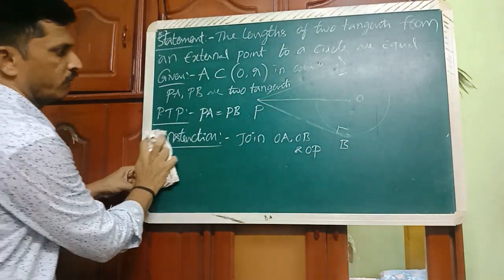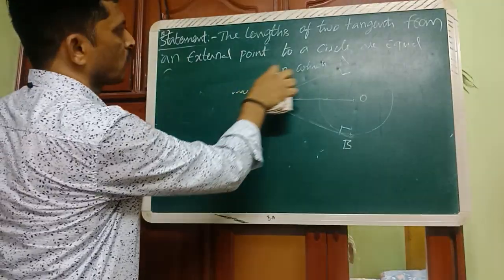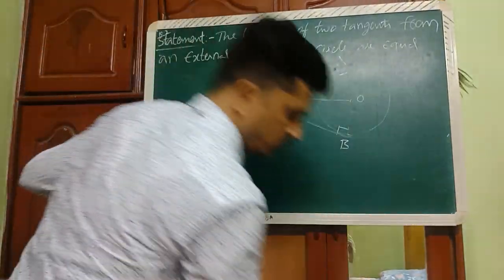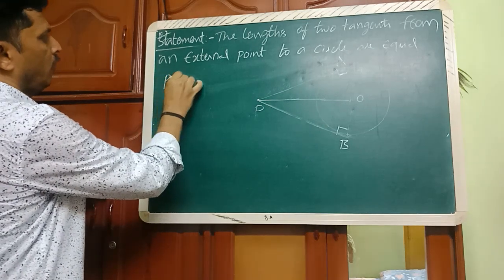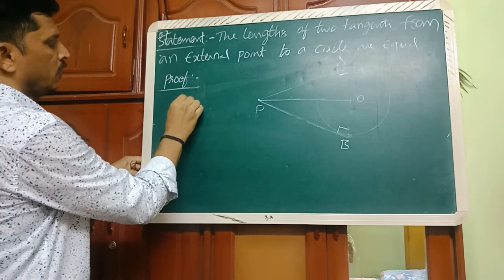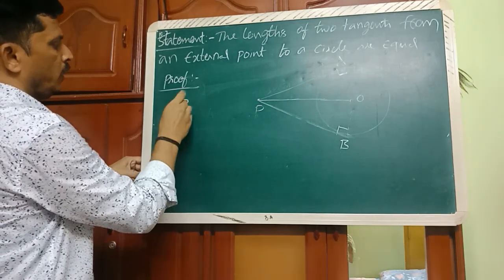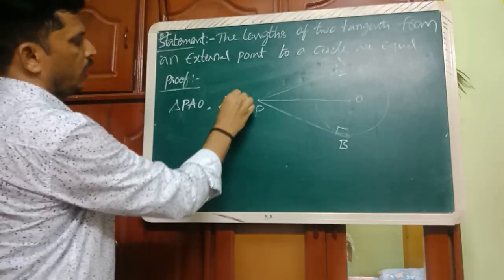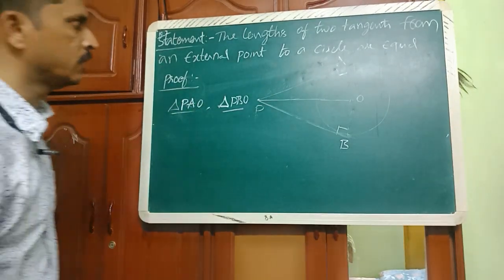So what is the proof? Triangle PAO, triangle PBO. Compare these two triangles.